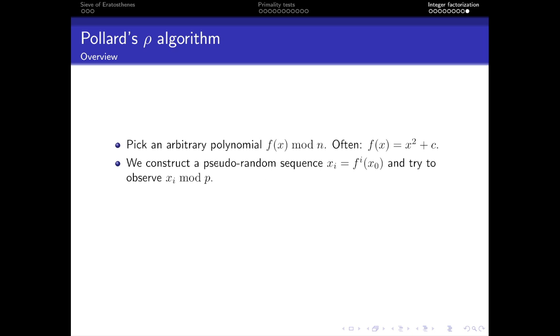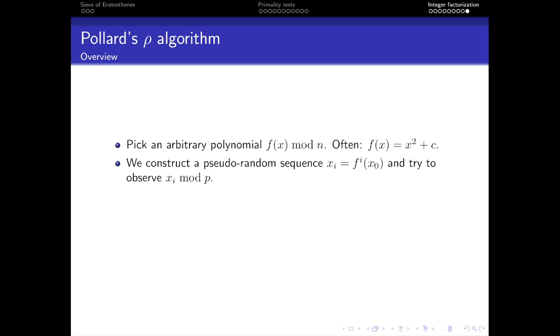The reason it's pseudo-random is because it cycles, due to the modular operation that we apply on it, and the sequence is constructed such that any x sub i is f applied i times to our starting value x sub 0. x sub 0 can also be chosen by the user.